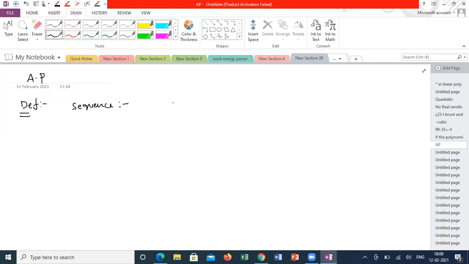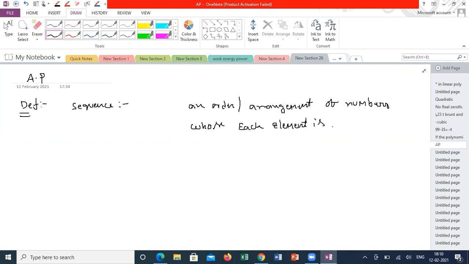A sequence is defined as an order or an arrangement of numbers whose each element is associated to a natural number. It's very simple to understand.